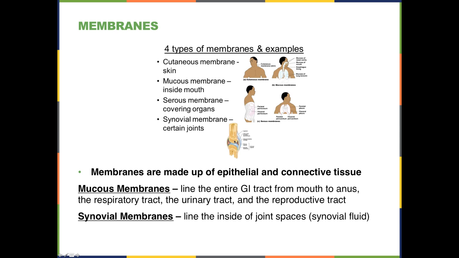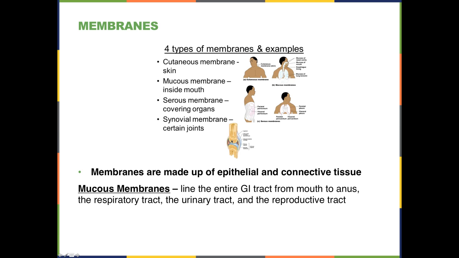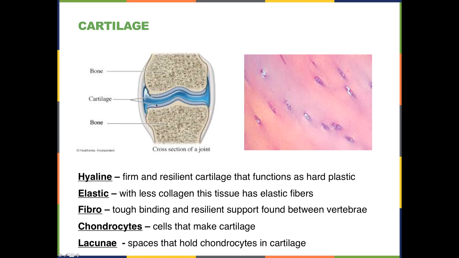The next membrane, the synovial membranes, down here, in this previous diagram that we were looking at, this area right in here is called the synovium, and the synovial membrane lines this synovium, and it also lines this cartilage here.